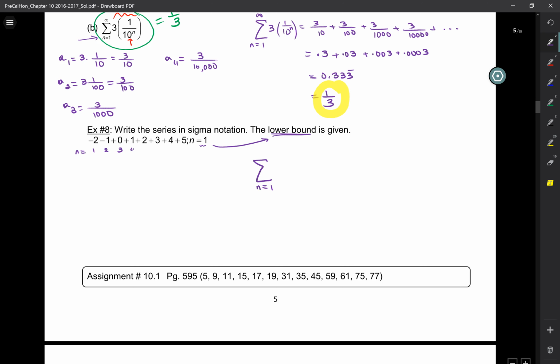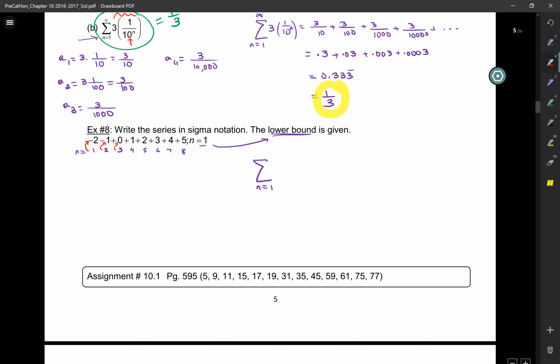To do this, what you want to do is find a pattern, a connection, some way that the value of n is connected to the value of the term. And that operation has to be the same for this n and that term, for this n and that term.